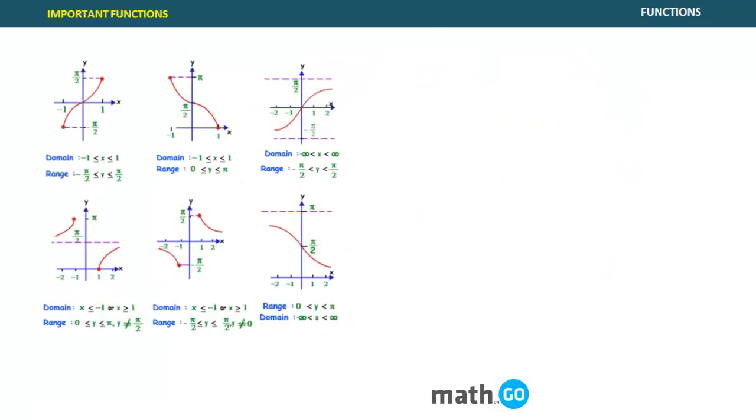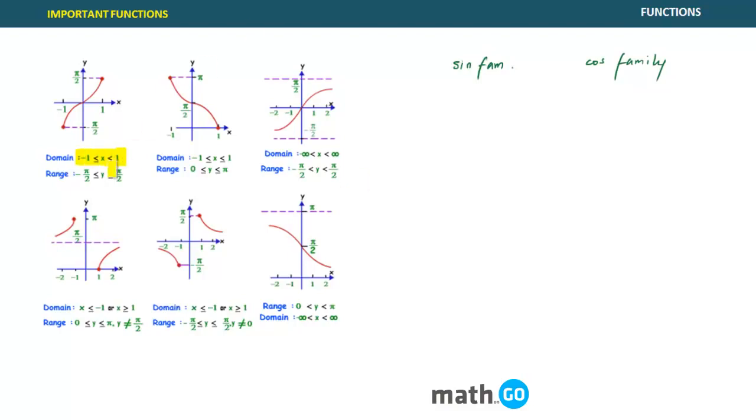Talking about the inverse, it is again very important that you remember. For inverse, I will give you a hint: you have to remember a sine family and the cos family. If you want to talk about the domain, it is very simple. This is the graph of sine inverse.